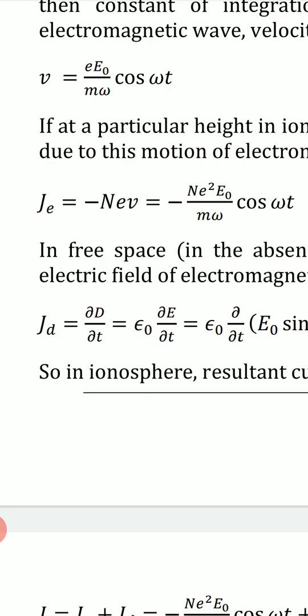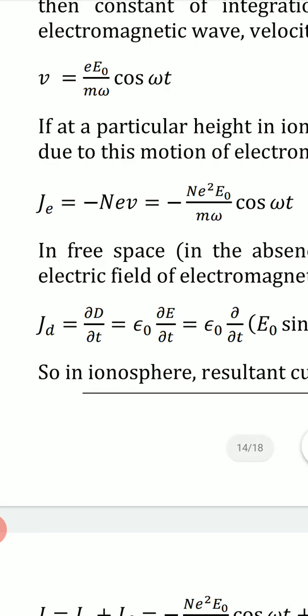We also have a current density because the electric field is varying with time t, E equal to E0 sin omega t. So this electric field E is changing with time t. This will produce a current density also, and it is known as displacement current density, which we write as Jd.